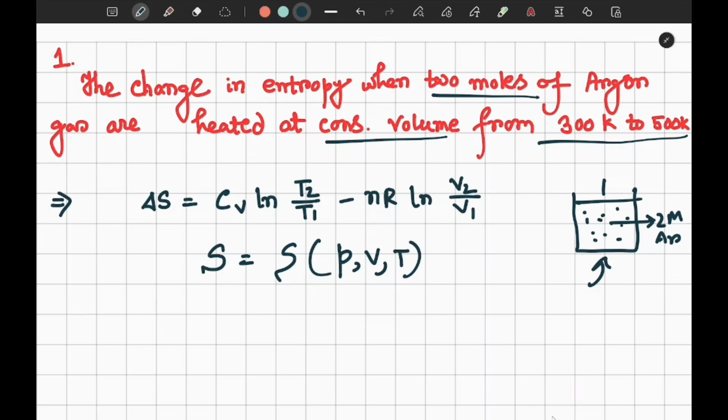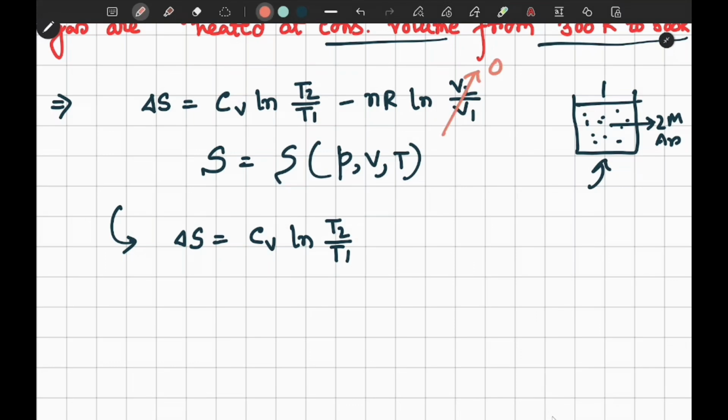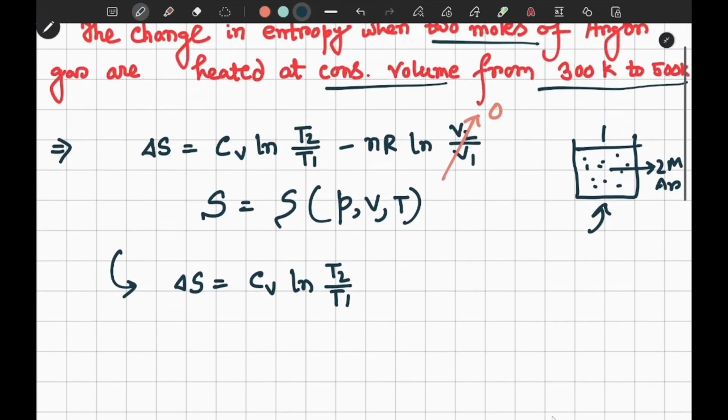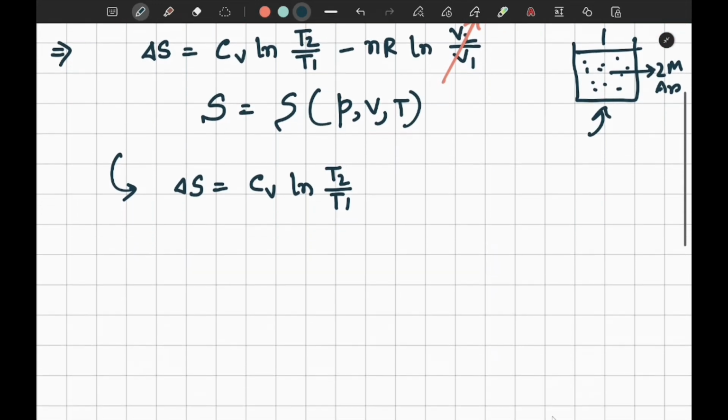So easily that formula can be reduced to CV ln T2 by T1, because this part will vanish since V2 equals V1. We are considering this a constant pressure process, because this type of heating is usually performed under constant atmospheric pressure, which is 1 atm. So this is CV ln T2 by T1.